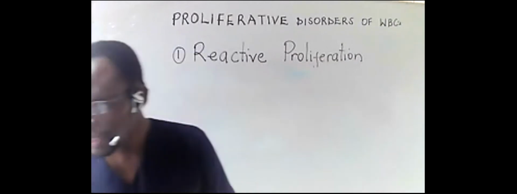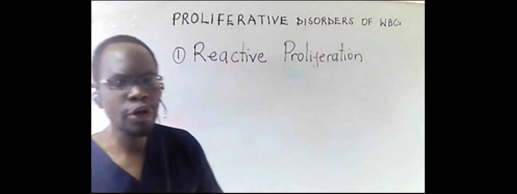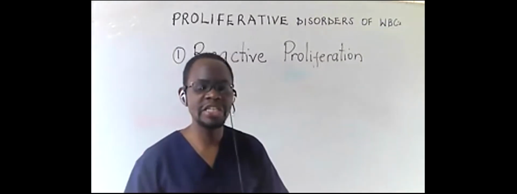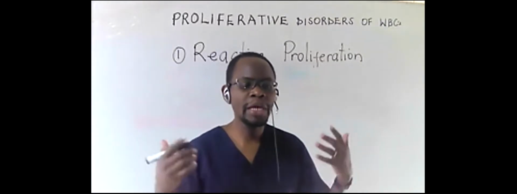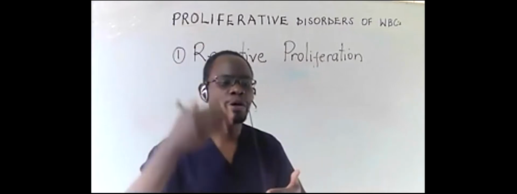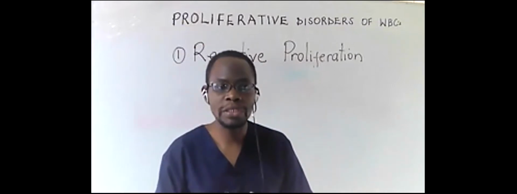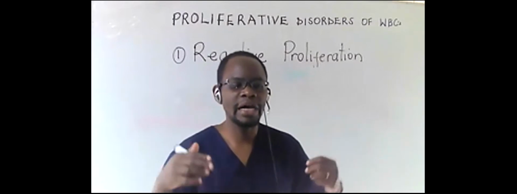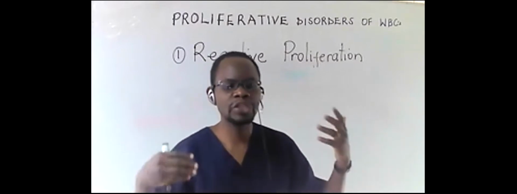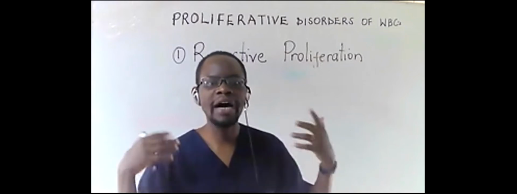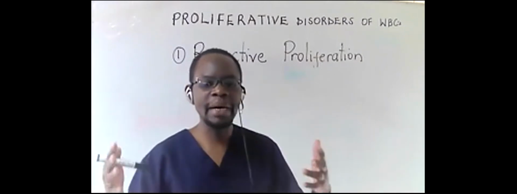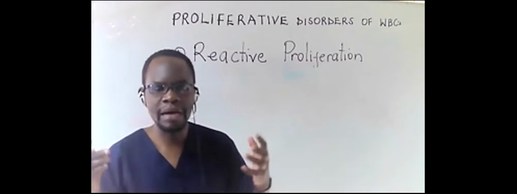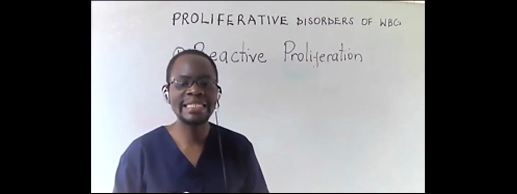You know very well that when we do a CBC, we usually look at the white blood cell counts, and an infection is indicative of increased numbers of white blood cells, yeah?